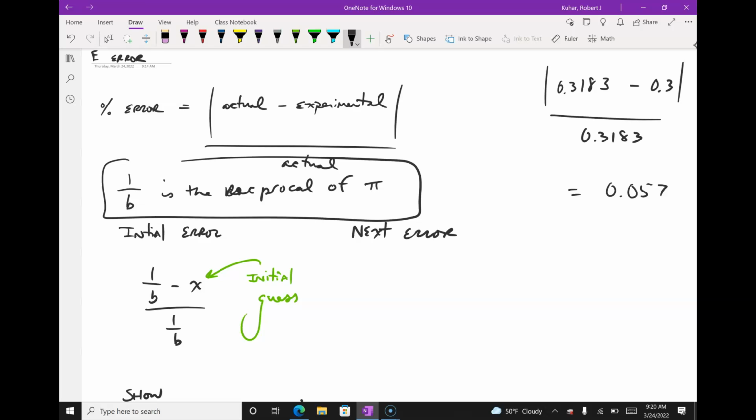Think about 6% error. What do I get if I square that error? What happens to the error? Gets smaller. So I get 0.036, right? I get almost about 4% error. So every time I square a number less than 1, it gets smaller, right? As long as it's between 0 and 1, it gets smaller.